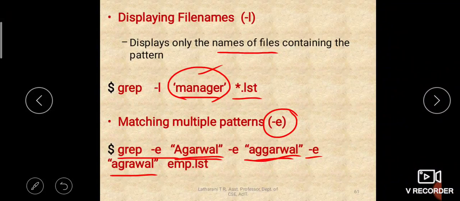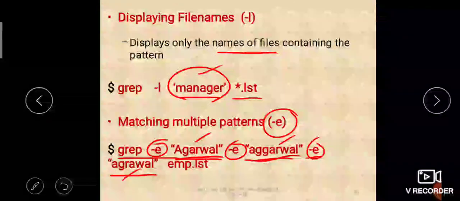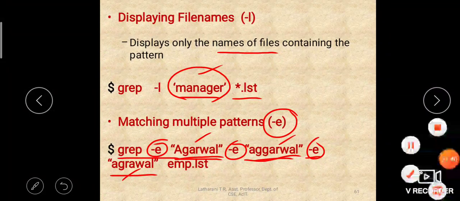If you want to search any Agarwal's, you can use these patterns, and you can see in a single command you can give them with -e. You can match the multiple patterns by specifying -e for every pattern. Is that clear? So that is how you can use the -e option for matching multiple patterns.